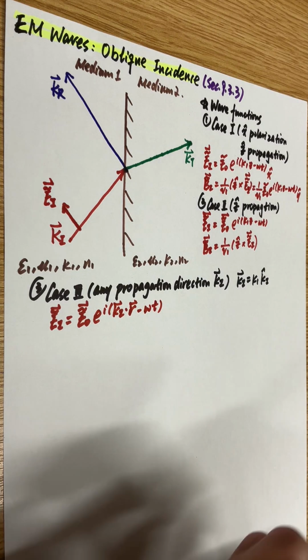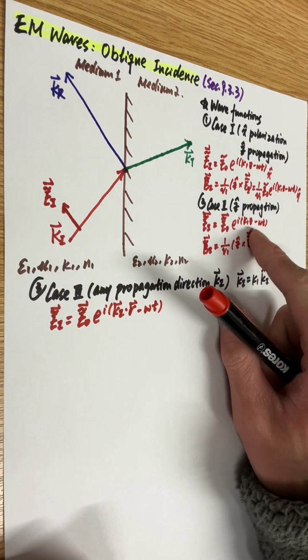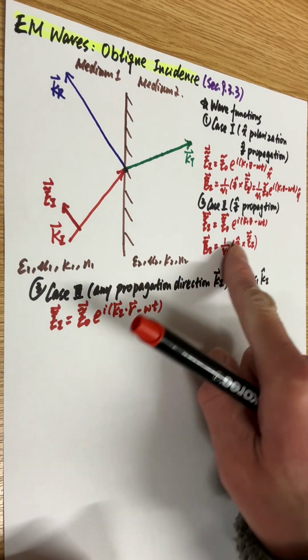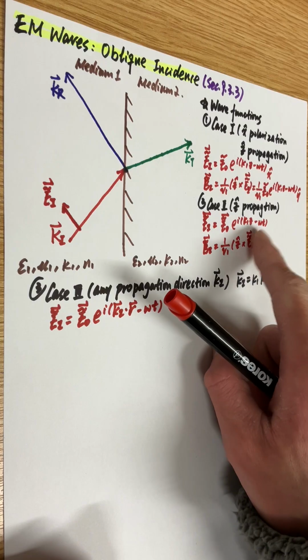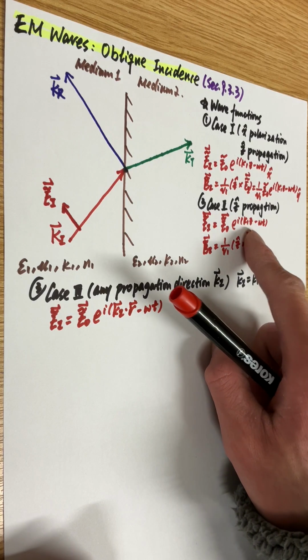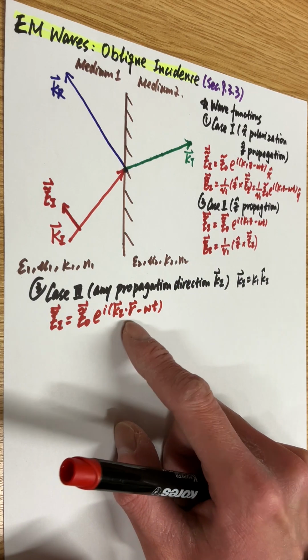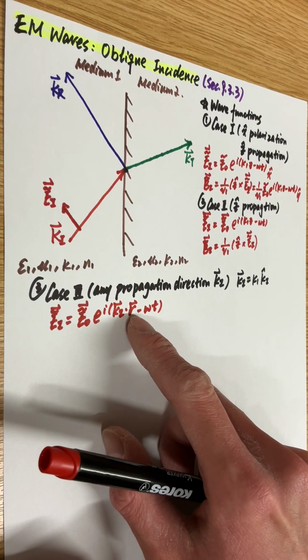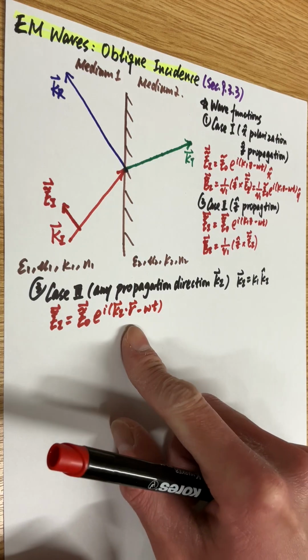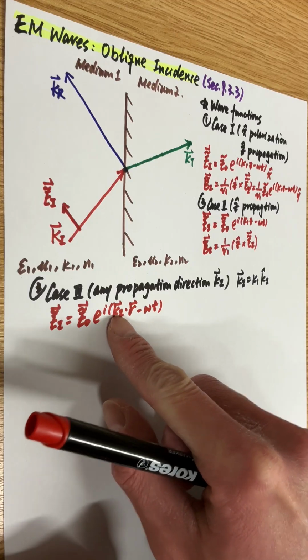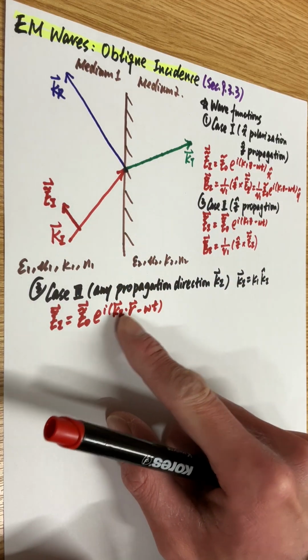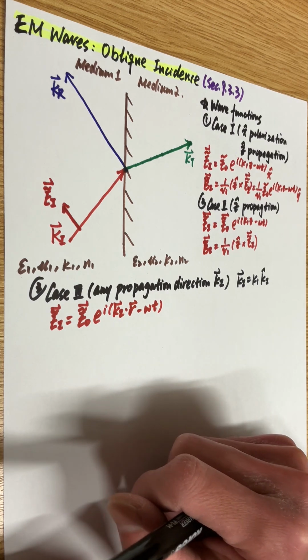So originally the position is anywhere on the z direction because that's the propagation direction. But now we use a position vector. So basically, when the position vector that you are calculating is in the same direction as the direction of propagation, then the dot product would achieve the maximum.